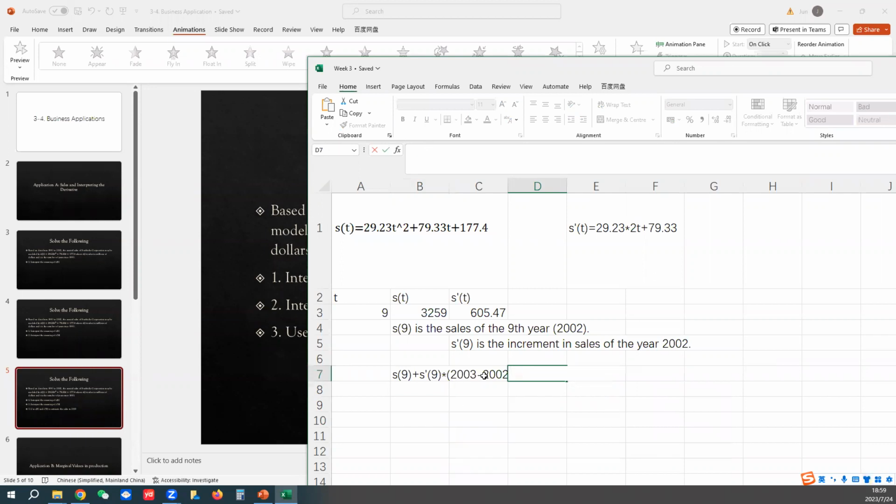That is the estimate of the sales of the year 2003.